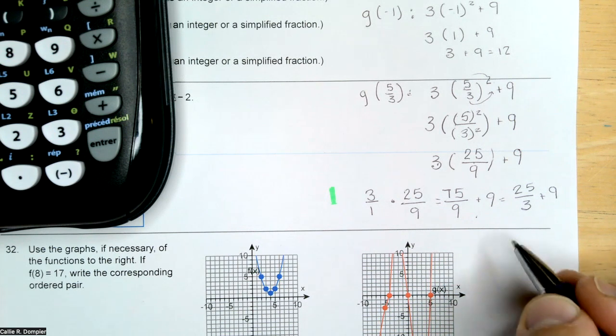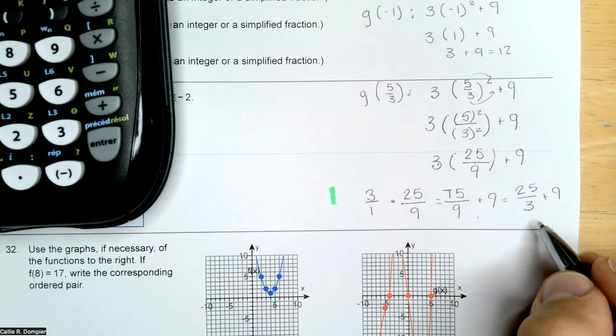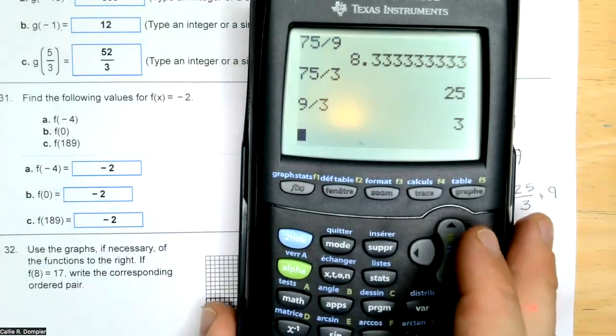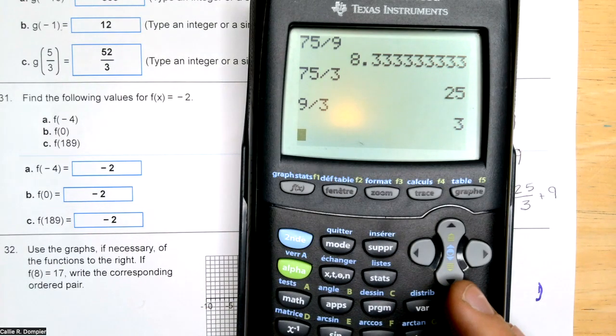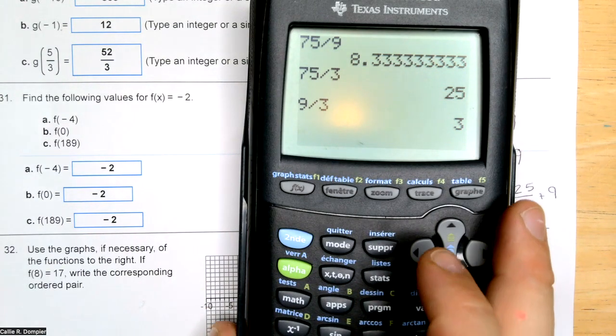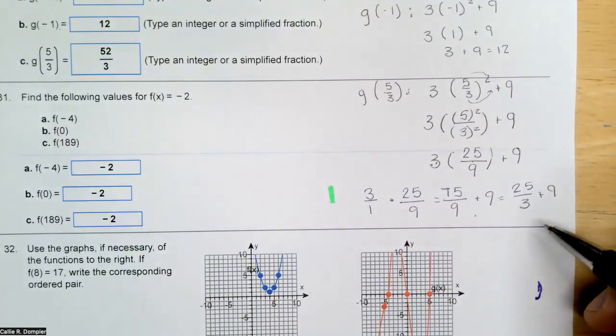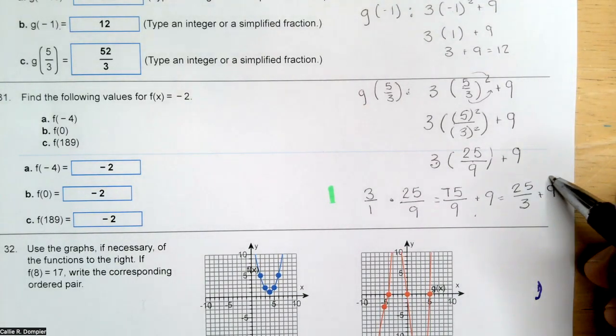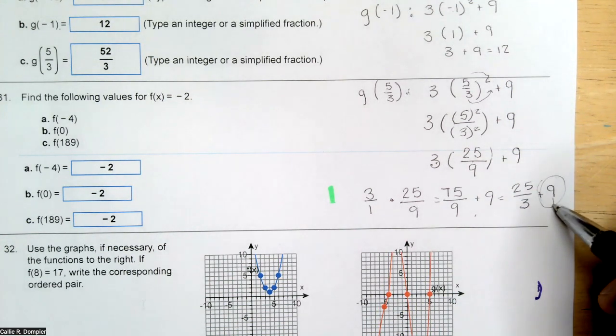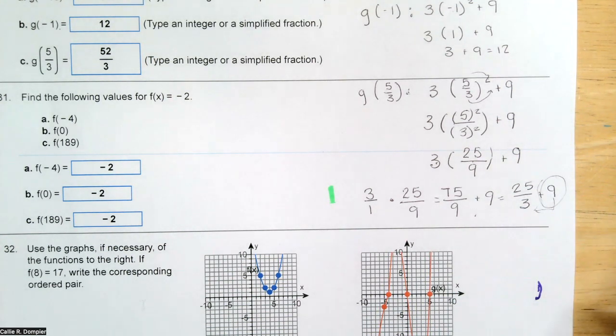Now, because they're going to ask you for a fraction, if you have a calculator that can do it, just do it with your calculator. If not, what we do is we take 9 and we make it into a number over 3, okay?